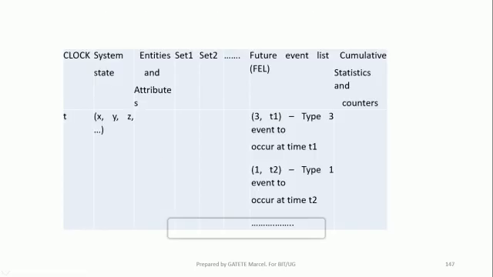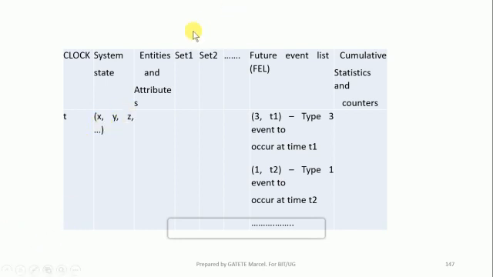Let's see an example here of how to represent a FEL, or future event list. I am having a clock t. This clock t is used to schedule the time duration of the simulation. I can say that the system state can be x, y, and z and so on. It means at system state x, we are having, for example, 10 customers. At system state y, I am having 15 customers, like that.